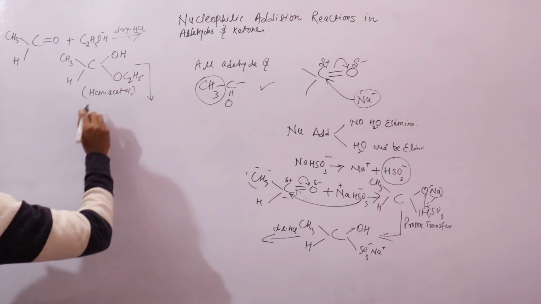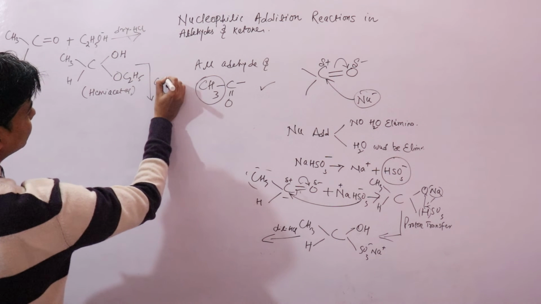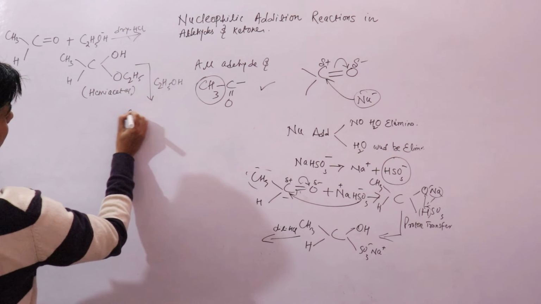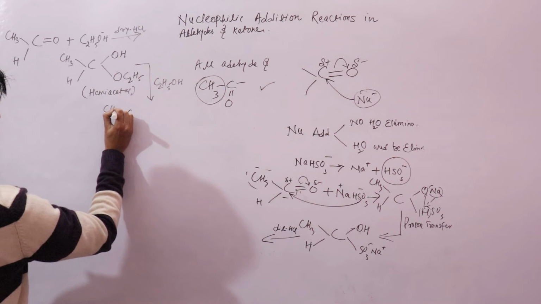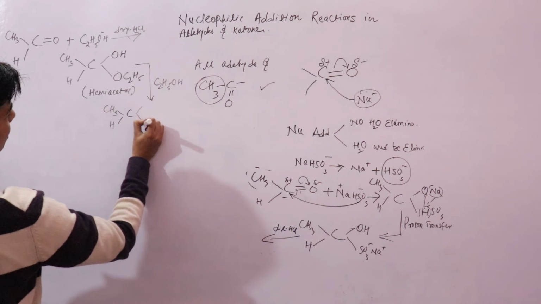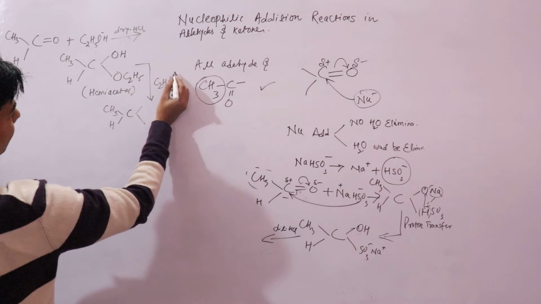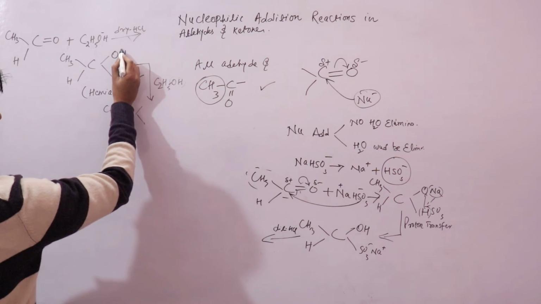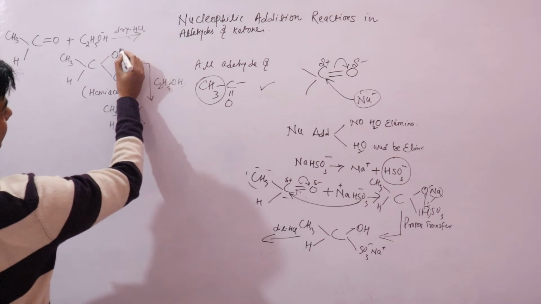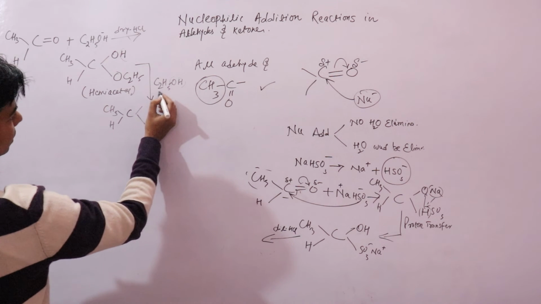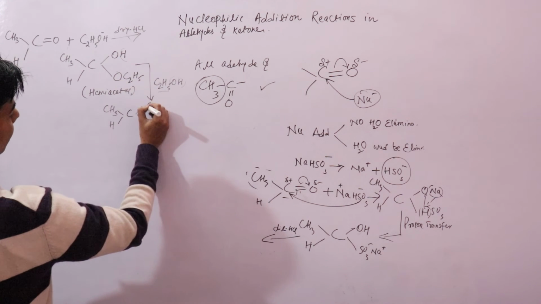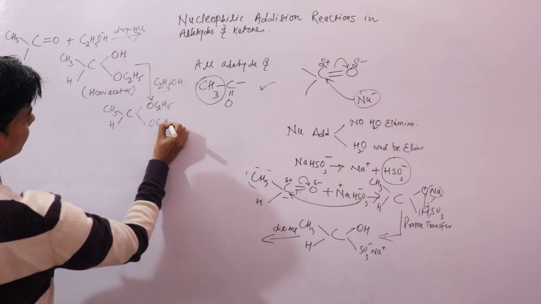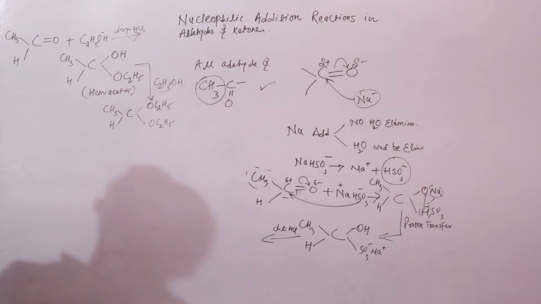Now this hemiacetal will again react with another molecule of C2H5OH. This OH will abstract hydrogen to form water, and this C2H5 will go to this O, giving OC2H5 and OC2H5.